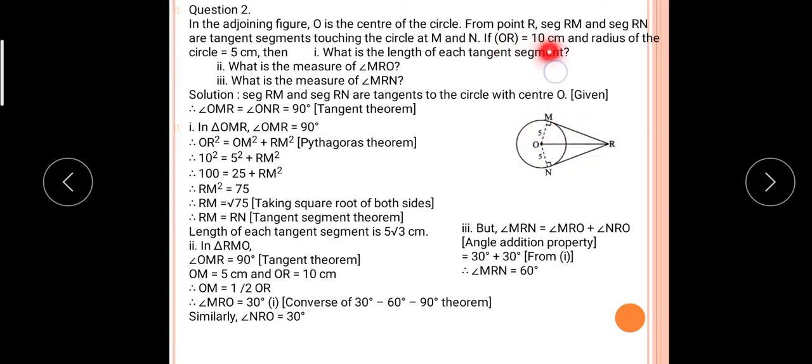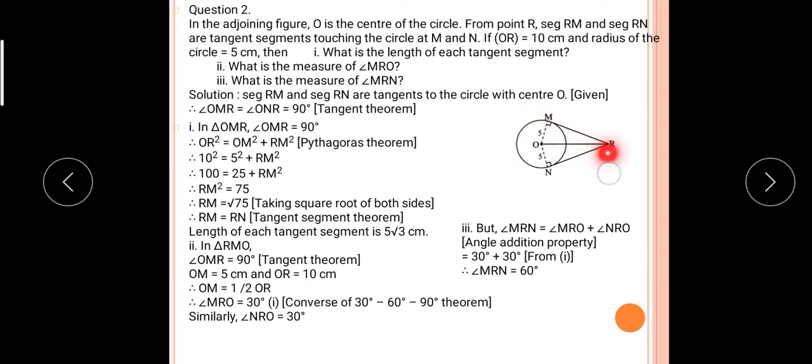What is given? OR is 10, OM is 5. We have to find out MR square. According to Pythagoras theorem, OR square is equal to OM square plus MR square. So, by using that, we will get RM, that is root 75, or 5 root 3.